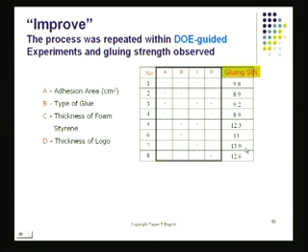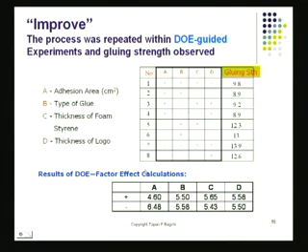You might think this is the best setting. We don't know that yet, because there may be other effects and not just an additive effect causing this. So I'd like to probe this a little bit more. The factor effect calculations were done, and then we tried to identify the effect of each of these values.